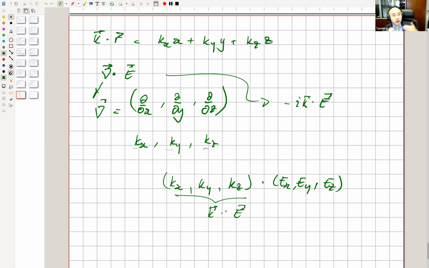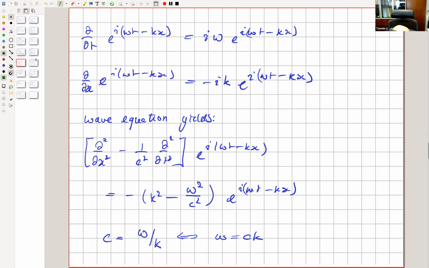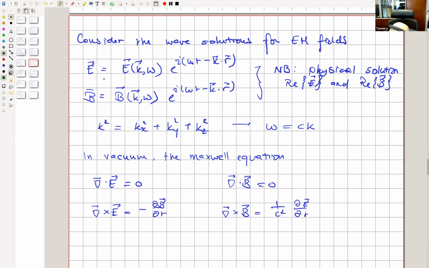In general, if E is not a wave solution, this doesn't work. So only when E can be written of this form.